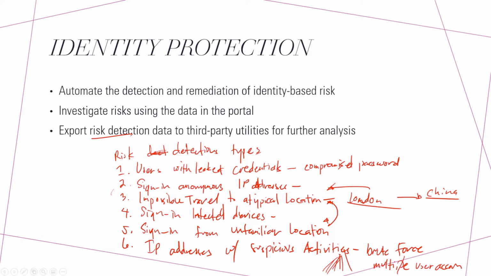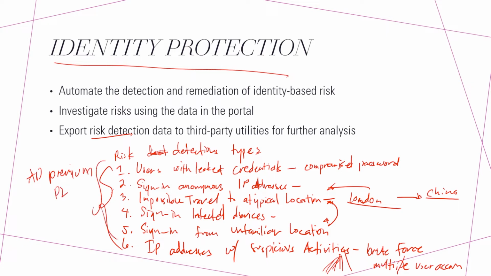So you do have these 6 types of risk detections when you use identity protection, but the insights or the information that you will get from these detections will depend on the license that your AD subscription has. So if you have Azure AD Premium P2, you will get all of this information from risk detections.